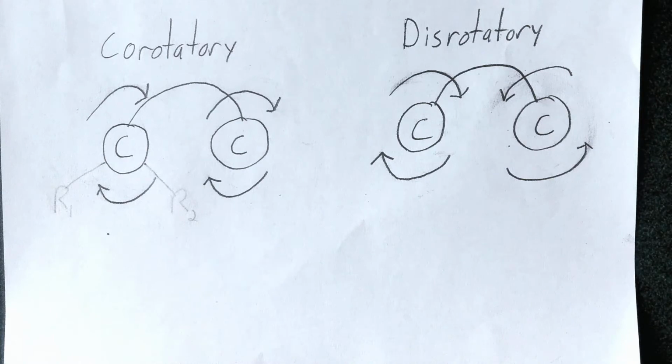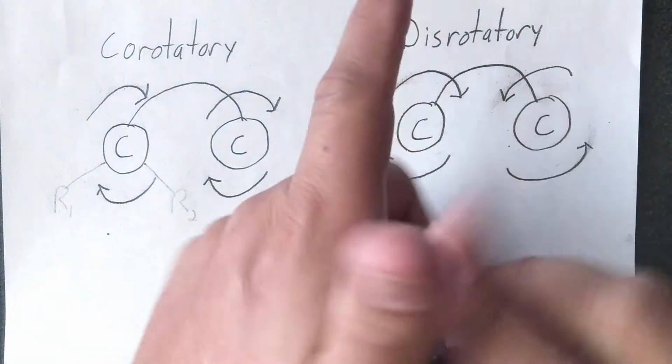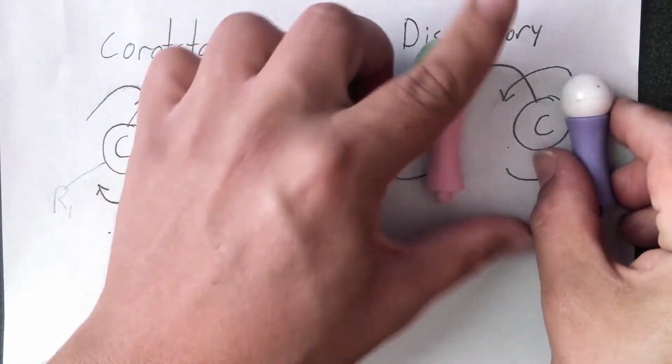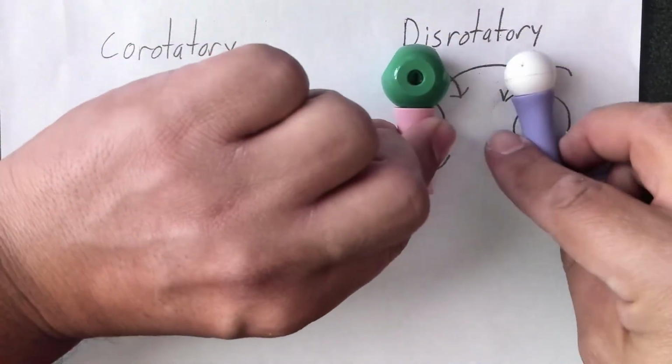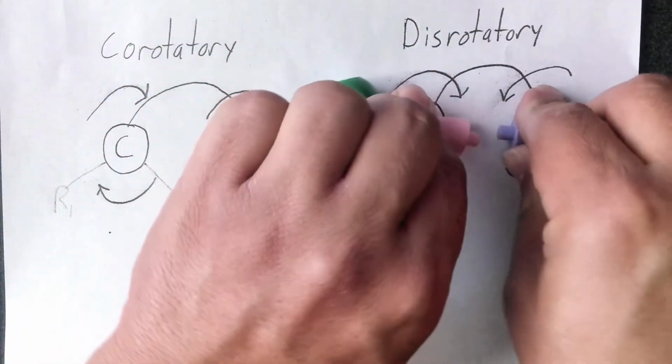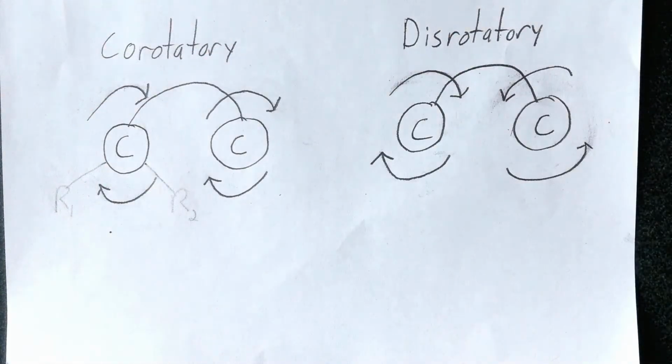And if it's disrotatory, it has to rotate opposite. So it doesn't always have to be this one clockwise and this one counterclockwise. It can be this one counterclockwise and this one clockwise, like that. So just keep that in mind.